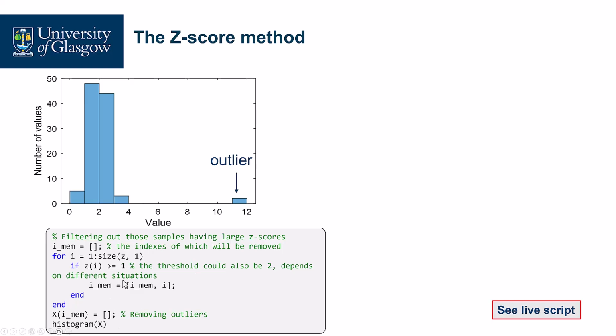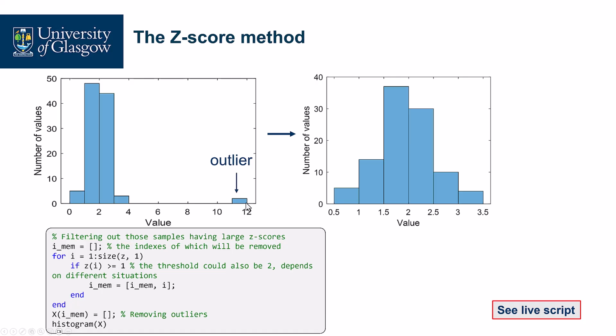So here I use 1, and then if it's an outlier, I put it into the outlier array, and then I remove them here. Then after this program, you can see this one is cleared, and these are the remaining data, right? So you can see this in the live script, and you can try it yourself by changing this value and see what happens.